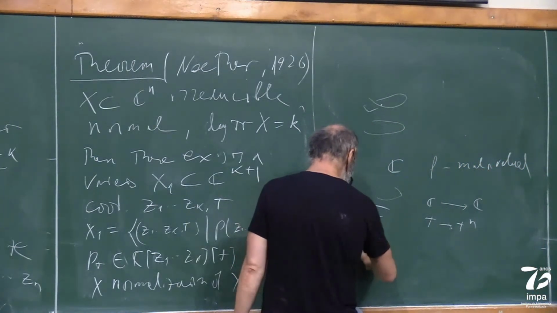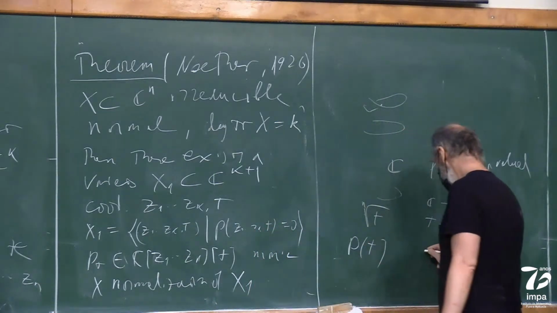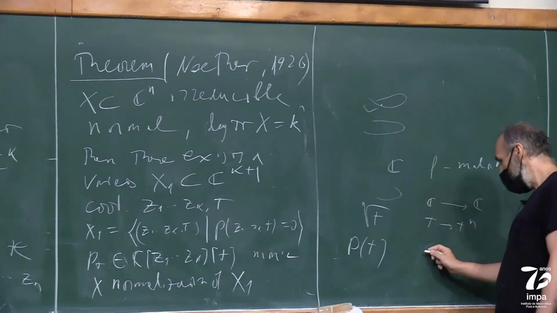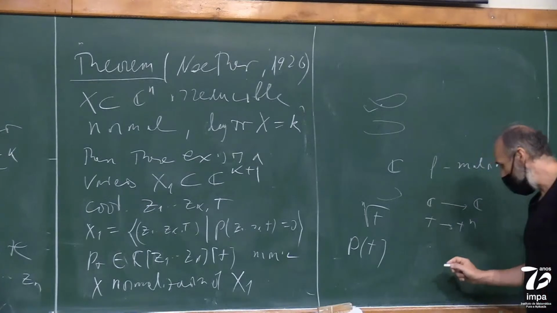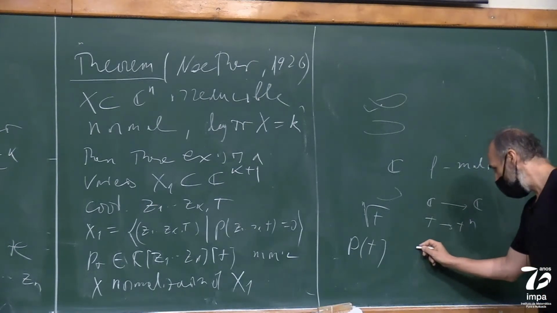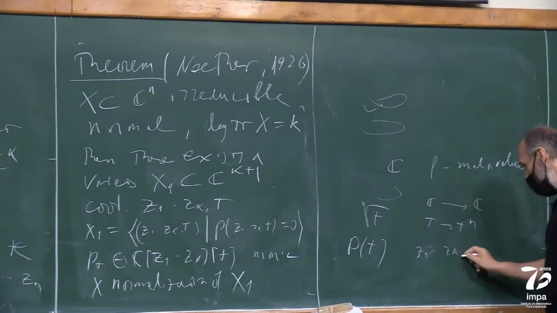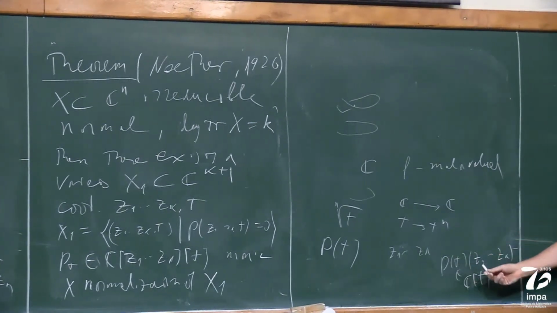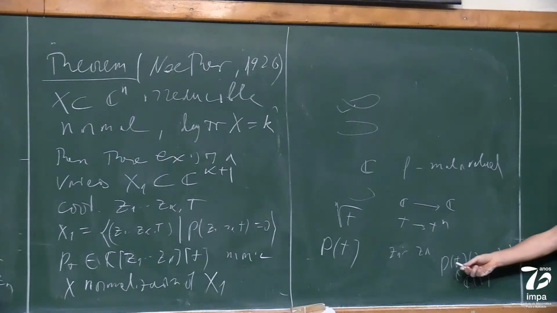Namely, you have this polynomial p of t with coefficients in O. You can consider this polynomial as, for each point z1, ..., zk, you can evaluate this polynomial. This would give you p of t evaluated at z1, ..., zk. It will be a polynomial in C[t]. So for each point, you have precisely n solutions of this polynomial equation.